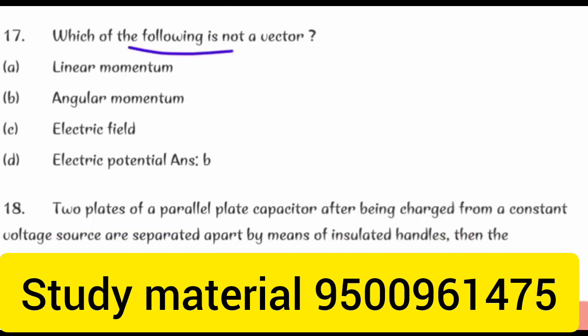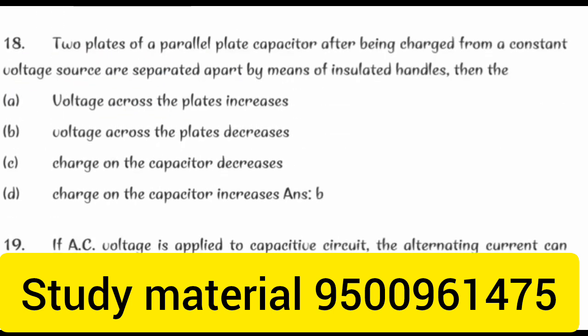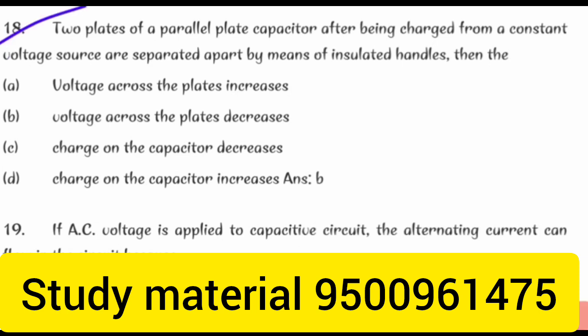Which of the following is not a vector? Angular momentum. Two plates of a parallel plate capacitor, after being charged from a constant voltage source, are separated apart by means of insulated handles.